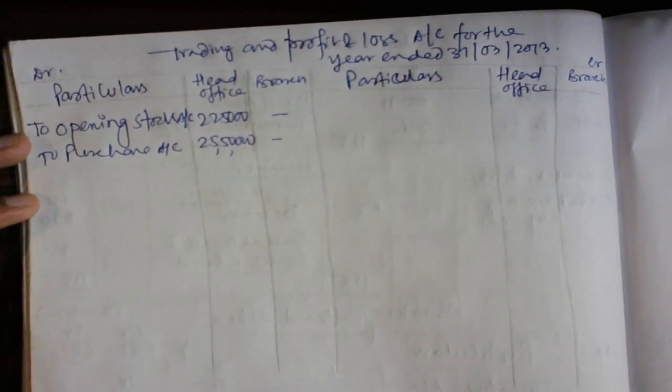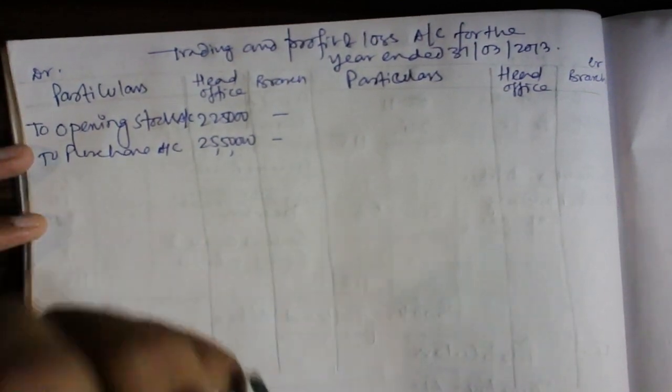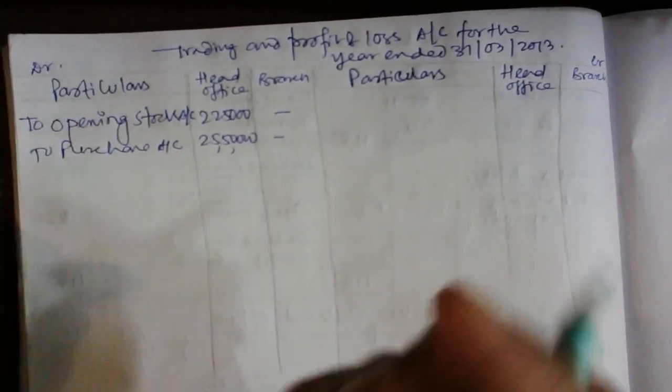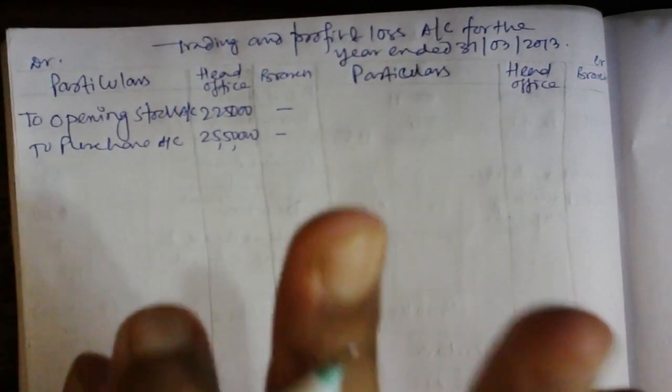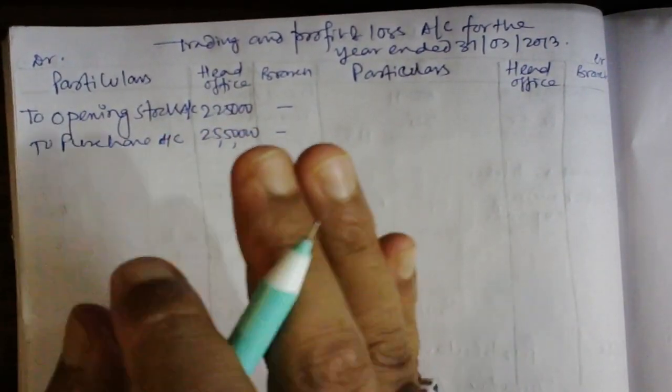After this, what we have, if you see goods sent to the branch, cost plus HO is 9,54,000. So you can see here there is an interesting thing. देखिए आप समझिए, goods sent by HO to branch.